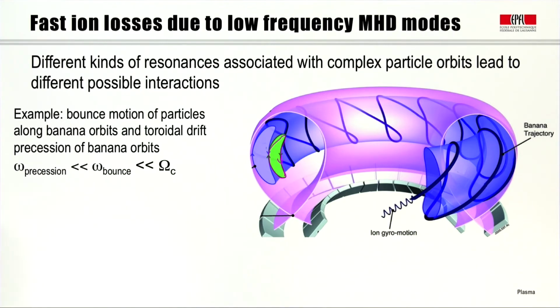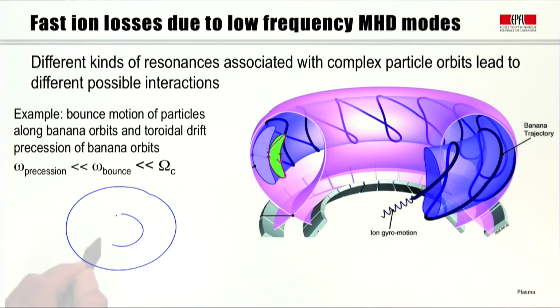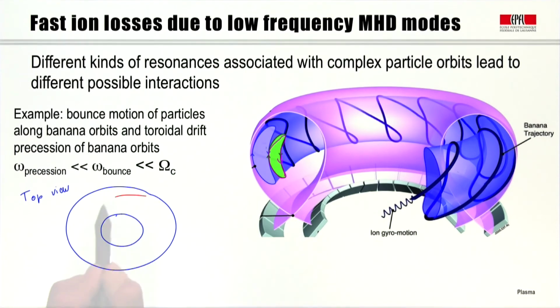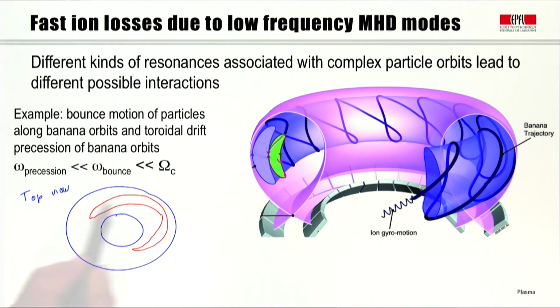Another example is that of the so-called precession or drift precession of the banana orbits. For that, let's illustrate it with a plot from the top. So this is a top view of a tokamak. We have seen that the particle orbits can be trapped and therefore not complete a full toroidal circumference.